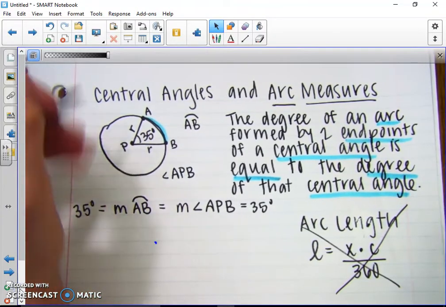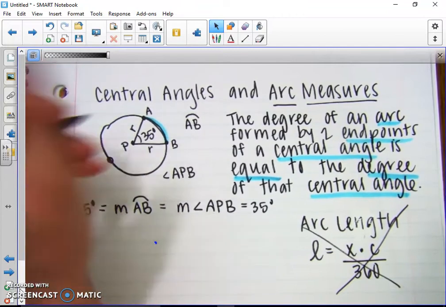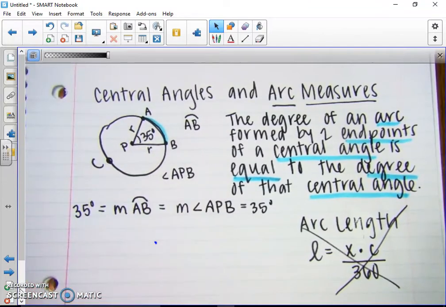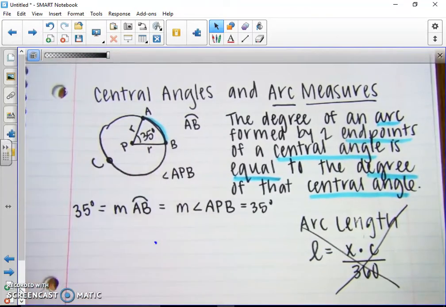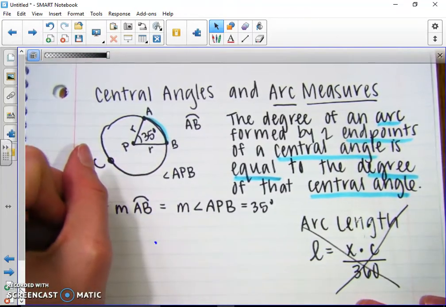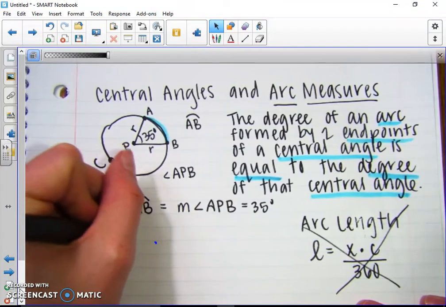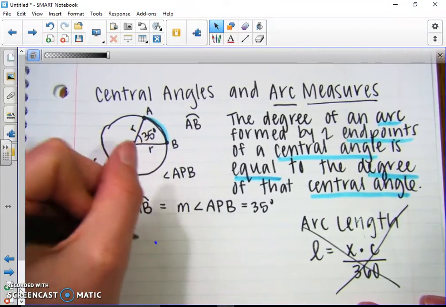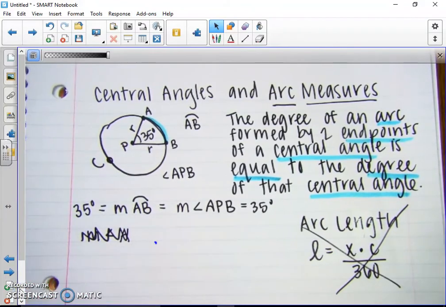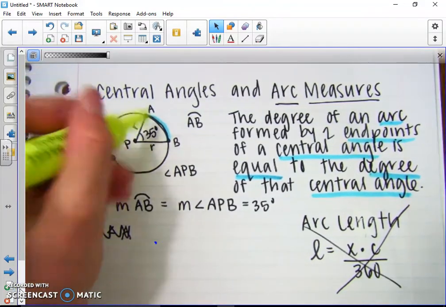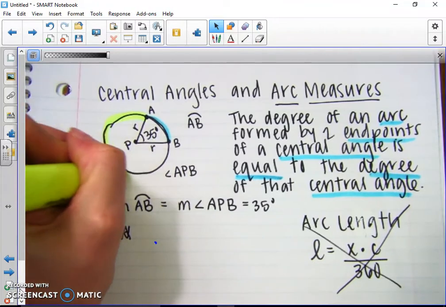I want to add one more point to our circle here. Let's call this letter C. If we know that the measure of APB is 35, I'd like to know what's the measure of this arc.